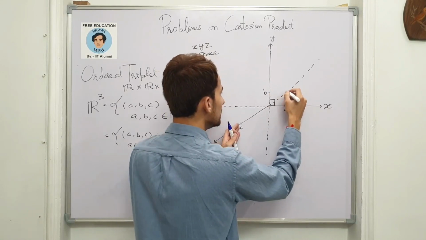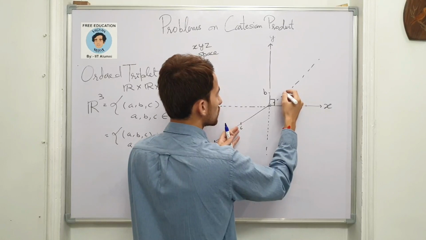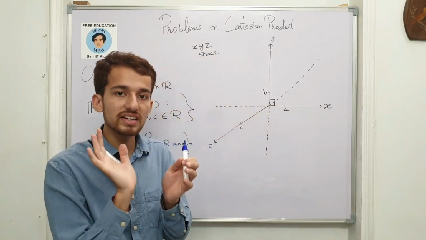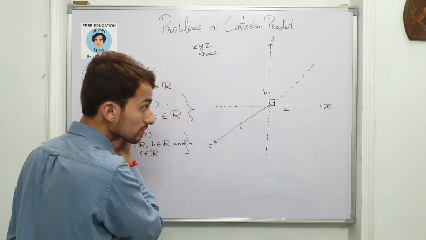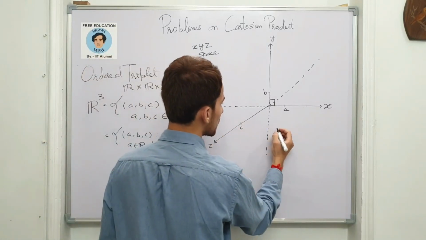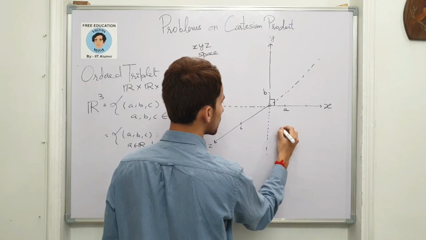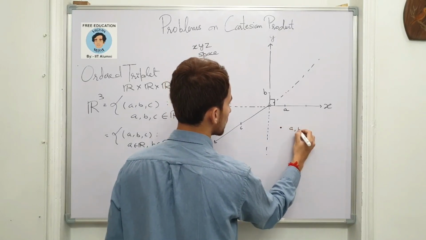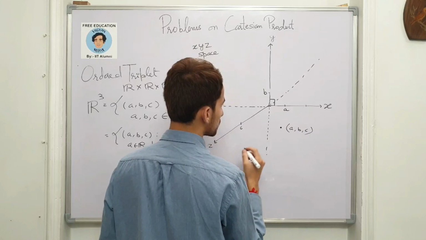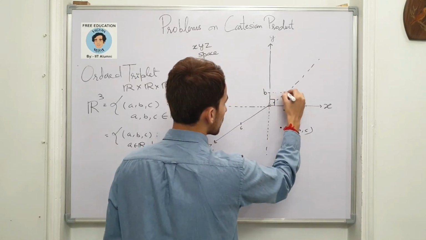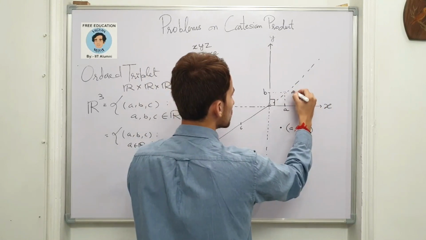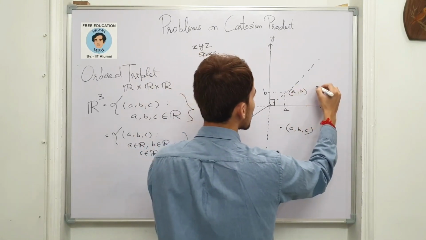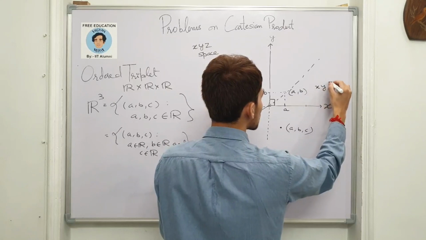Now because the point C has come into the picture, what you have done here is given it a height corresponding to the point C. So the point A, B, C will lie somewhere here. Observe here, these two points, this is AB, and it lies in the xy plane.